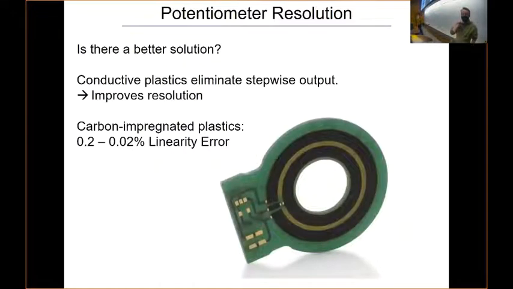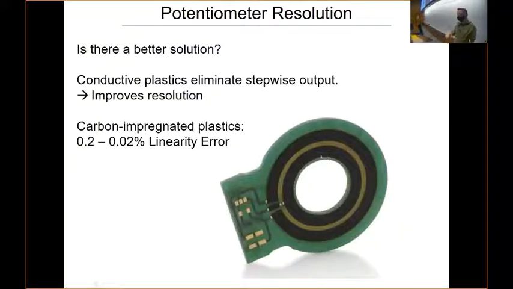We have the question here, is there a better solution? And there is. If that stepwise output is a big concern to you, you can use conductive plastic. It's a carbon impregnated plastic that's conductive. They eliminate that stepwise output, so that improves resolution.